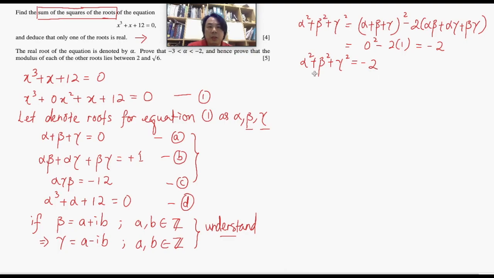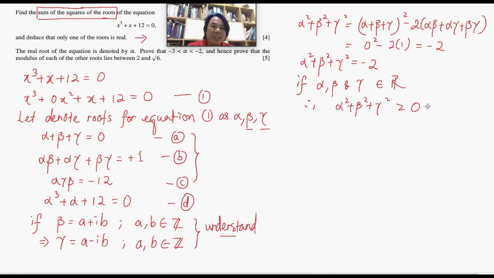Now generally, if alpha, beta and gamma are all real, let's assume that they are all real, then it is pretty straightforward that the sum of squares of all these real roots must be greater than or equal to 0.